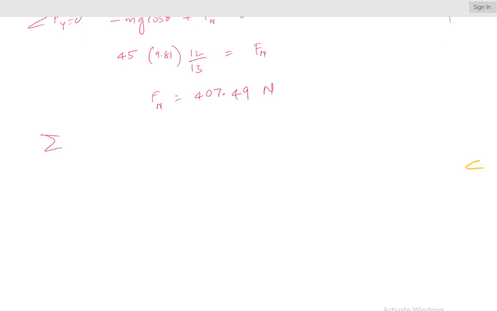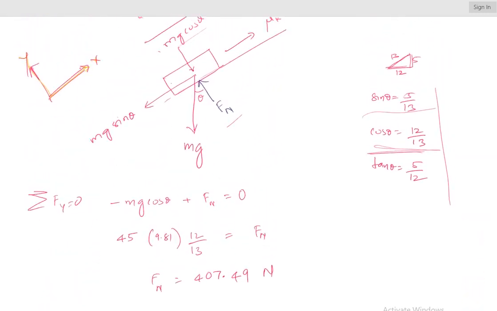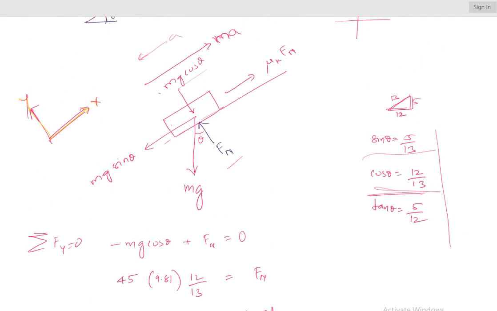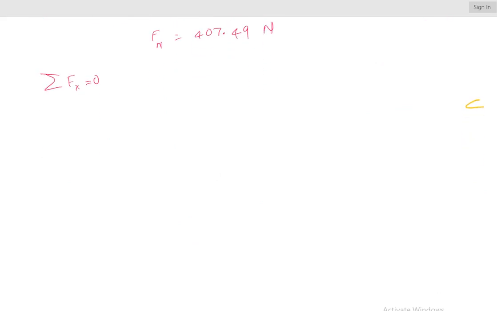Now doing sigma Fx is equal to 0, what do we get? If it's going left, I'm going to call that negative. So mg sine theta is negative, ma is positive, and mu k Fn is positive. Okay, so negative mg sine theta plus ma plus the frictional force, which is mu k times Fn, is equal to 0.